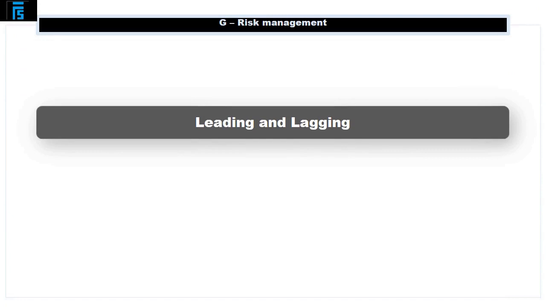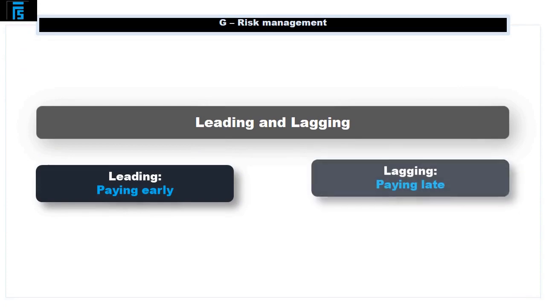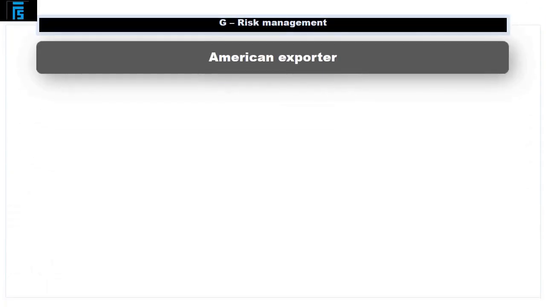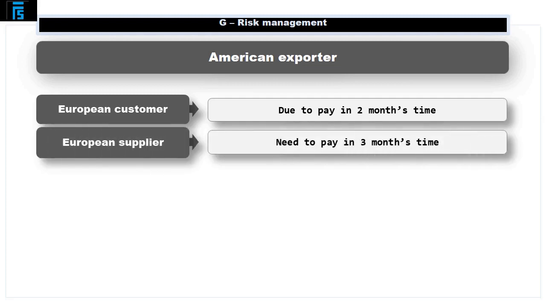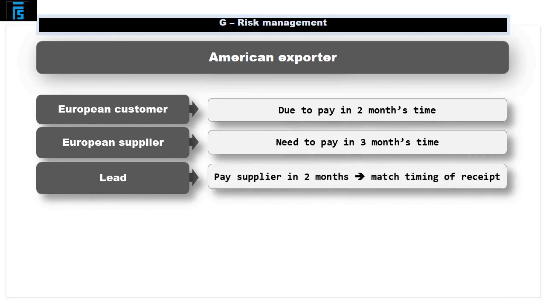Next, let's consider leading and lagging. Leading means paying early, and lagging means paying late. Suppose we're an American exporter who have a customer in Europe who's due to pay us in 2 months' time. If we also happen to have a European supplier that we're due to pay in 3 months' time, we may choose to lead and pay the supplier in 2 months' time to match the timing of the receipts from our customer.